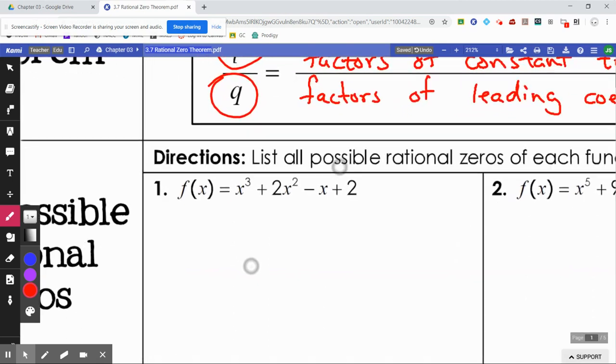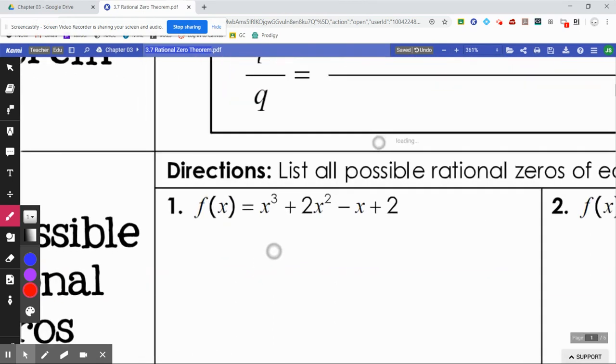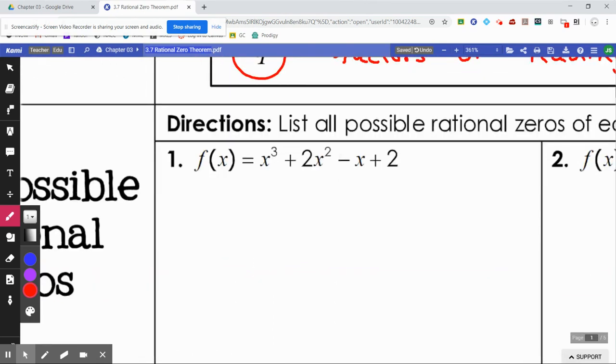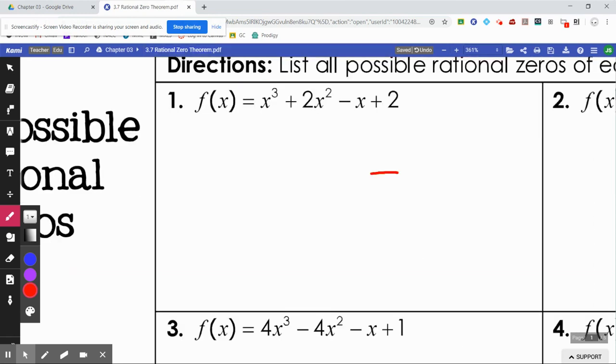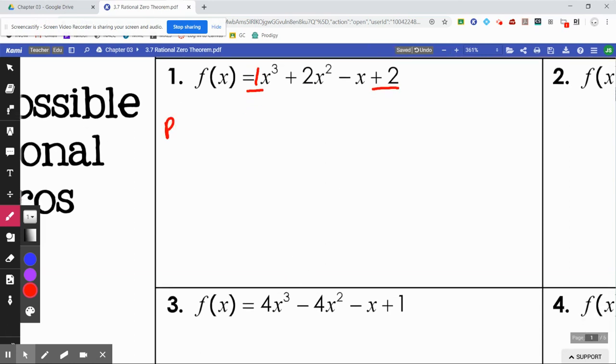So here's what we're going to do. Number one, identify your constant term, which in this case is 2. There, 2 is your constant term. Your leading coefficient is 1. So all the possible rational roots, we'll call them PRRs, are of this form: p over q, where p is all the factors of your constant term.